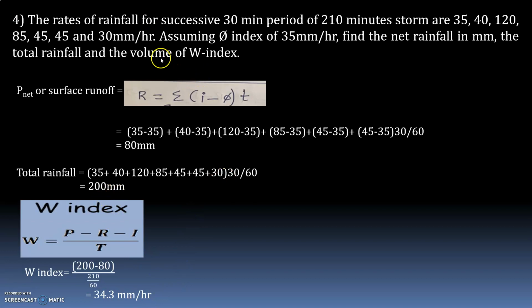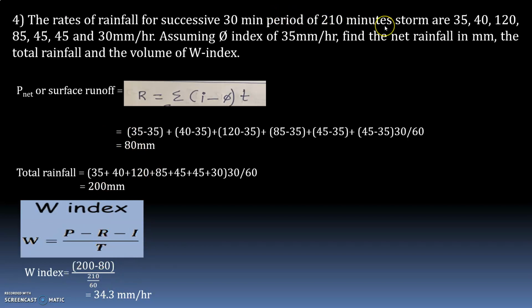After this, what you have to calculate? W index. W index is equal to (P minus R minus I) divided by T. I is equal to 0, here it is not given. So P is equal to the total rainfall, that is 200, minus R, that is surface runoff, equal to 80, divided by time interval.